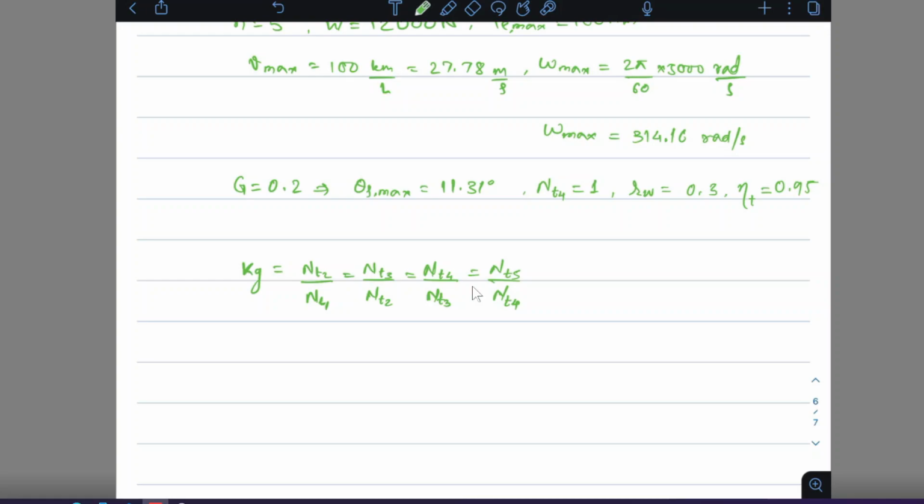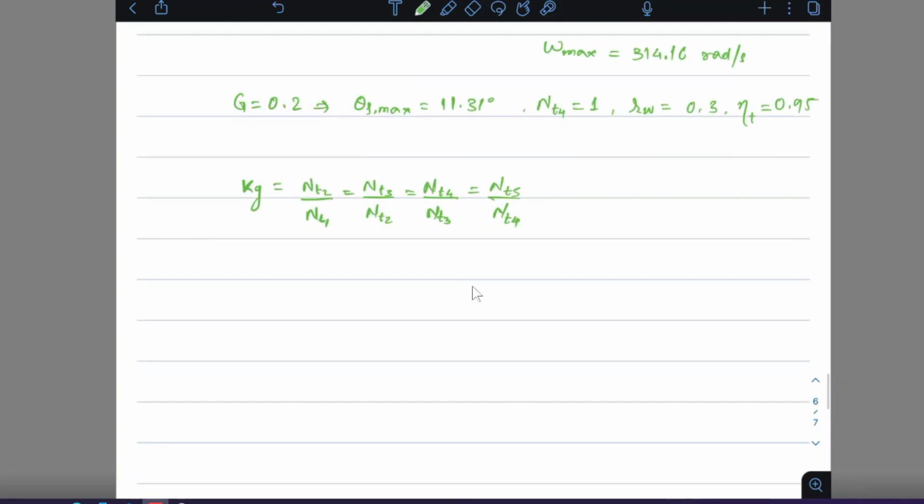So let's try to work with the maximum speed condition.